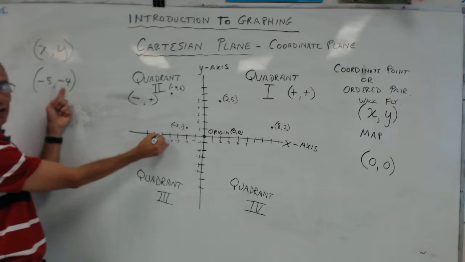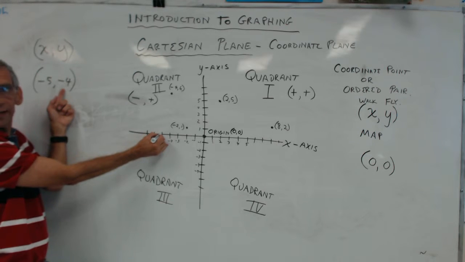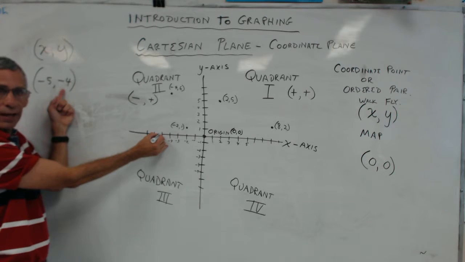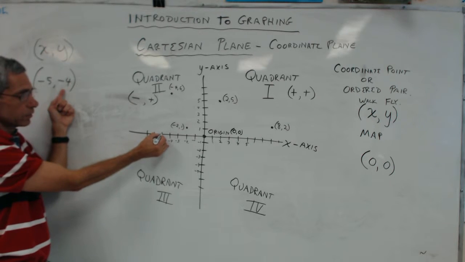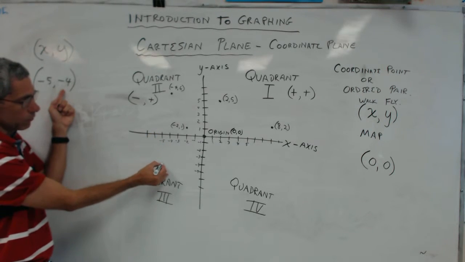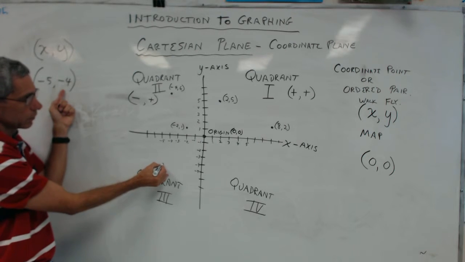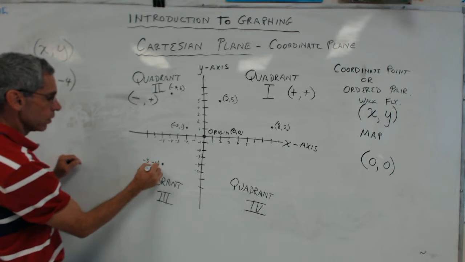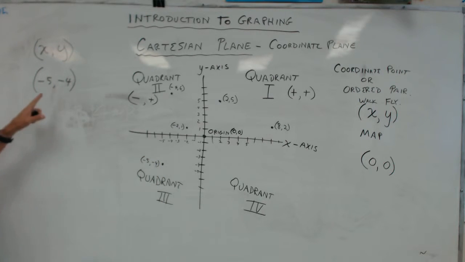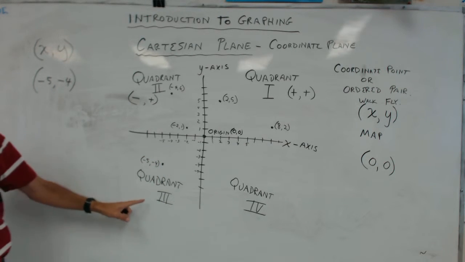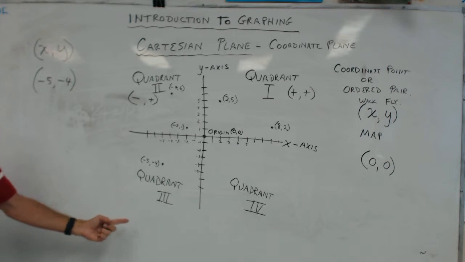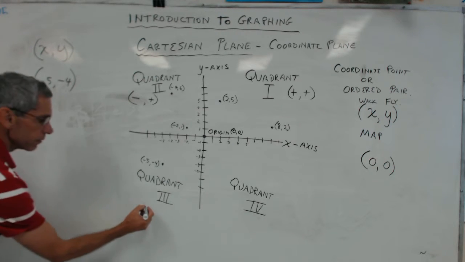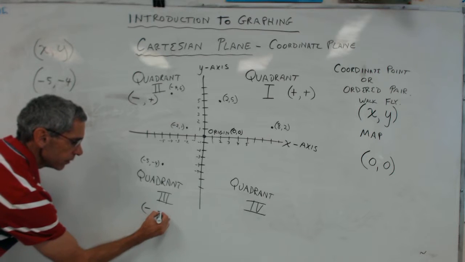And then I fly to -4. Well, I can't fly up if it's negative. It means I'm flying down underground. So I'm falling, really. So -4, and I put my dot there. So that's -5, comma, -4. I don't have to do another one. Tell me, what's this quadrant going to be? X and Y are going to both be negative. So it's going to be negative, comma, negative.